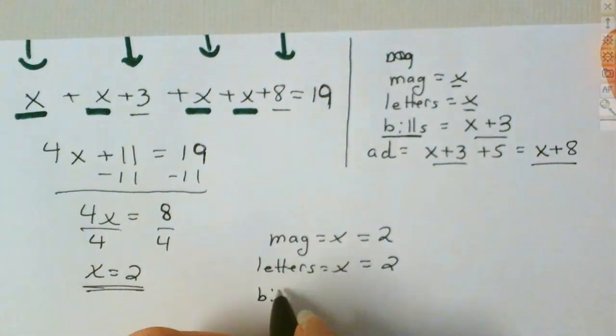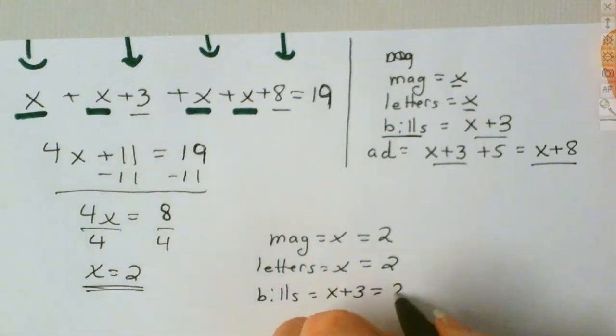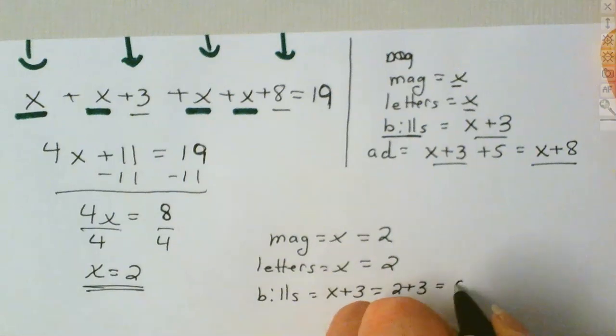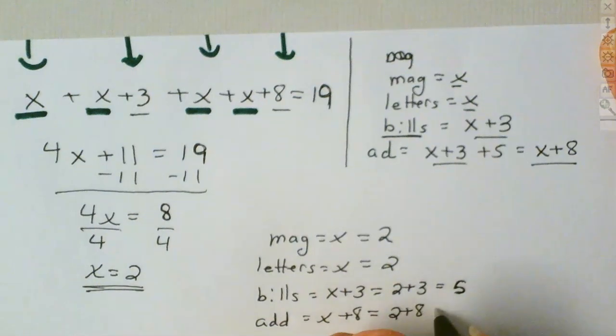Bills are x plus 3, and that's 2 plus 3, which is 5. And finally, the ads are x plus 8, and that's 2 plus 8, which gives you 10.